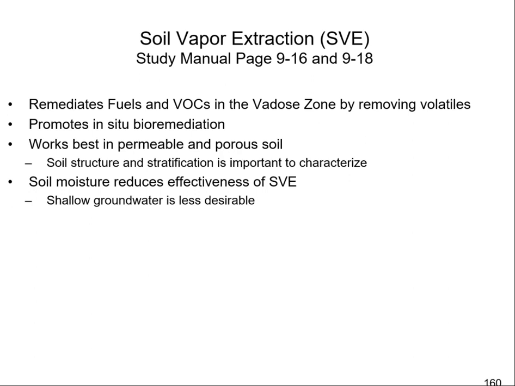It works best in permeable and porous soils. So you have to have a pretty good handle on the soil structure and stratification, because if the vapors can't escape, then the volatiles can't escape. Then if there's a clay lens in there, the volatiles can't escape, and so it won't work. Also, soil moisture reduces the effectiveness of these methods, and so if you have shallow groundwater, it could be more difficult, so it's less desirable.